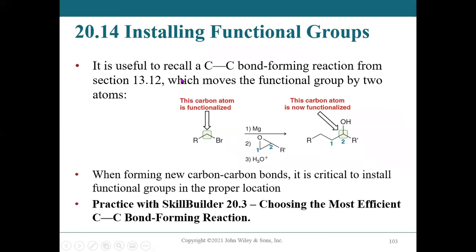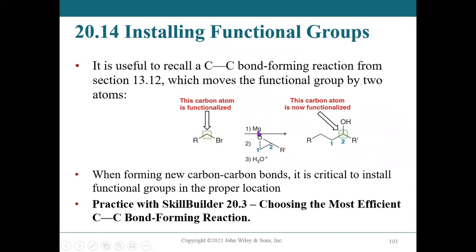It is useful to recall a CC bond forming reaction from section 13.12, which moves the functional group by two atoms. So for example, here we have this carbon atom that is functionalized. That means it carries the Br group.